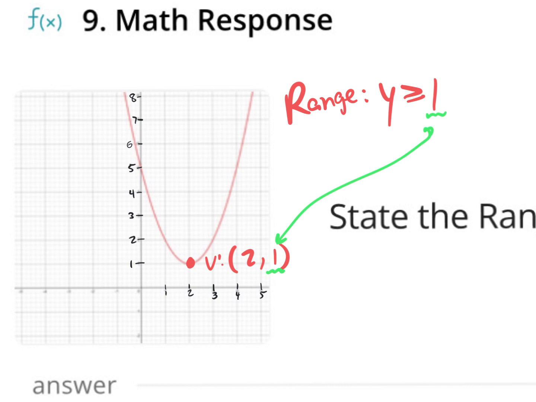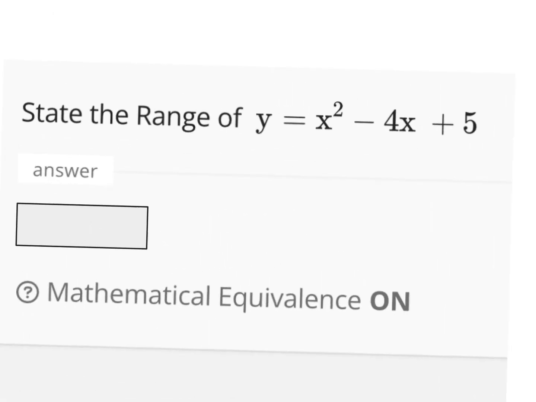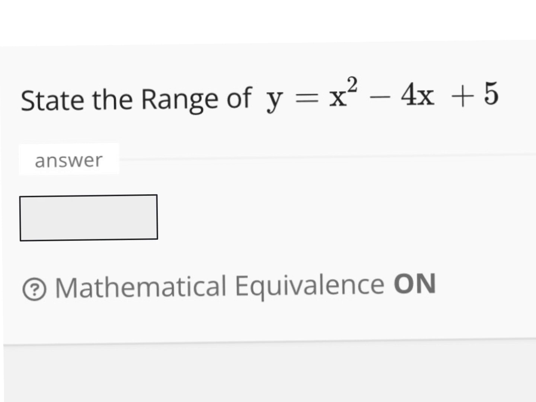So graphically, it's easy, seeing that the parabola exists at the y value of 1 and above. But if you look at this algebraically, it might be a little tougher because you don't see it. So in order for us to state the range, we need the y value of the vertex. In other words, we need the vertex to be able to determine where the range is.